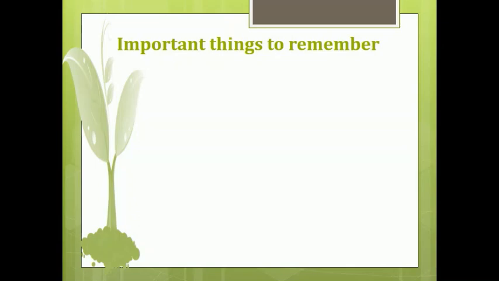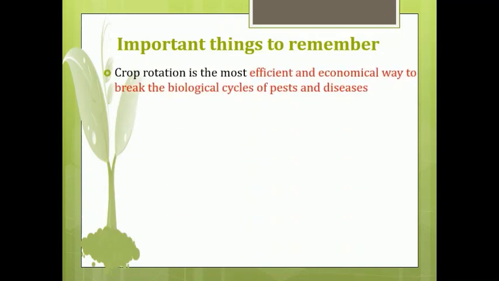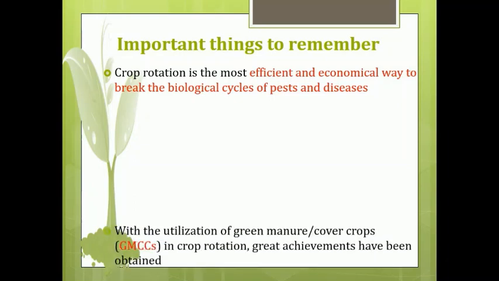Finally, important things to remember when practicing crop rotations. Crop rotation is the most efficient and economical way to break the biological cycle of pests and diseases, thereby making conservation agriculture feasible.